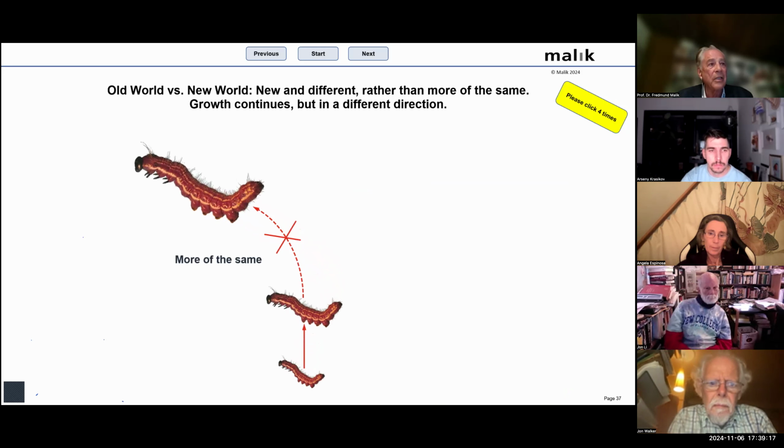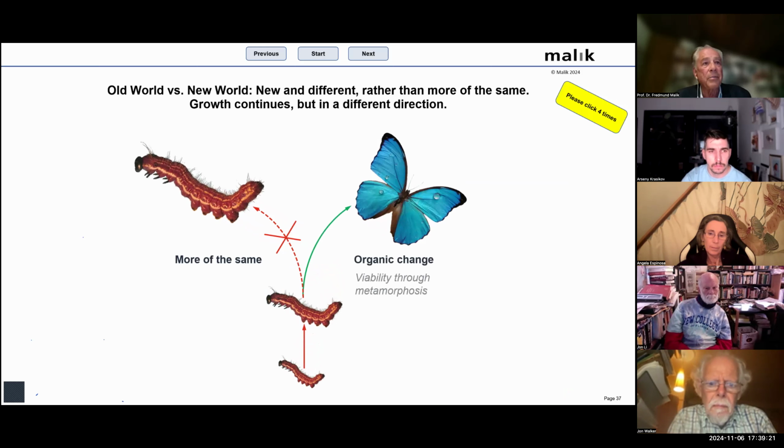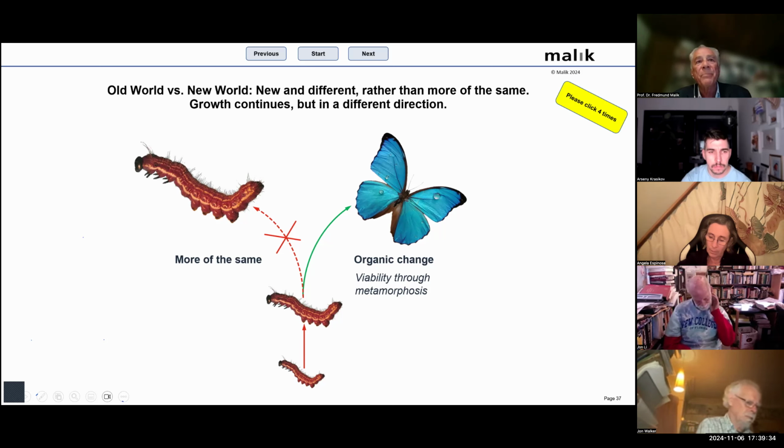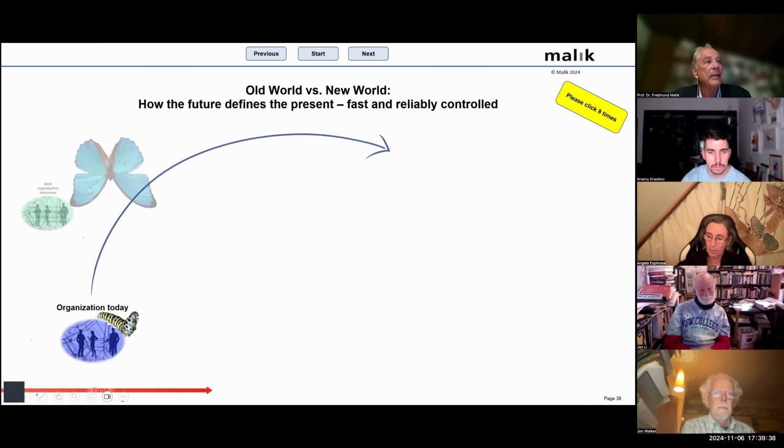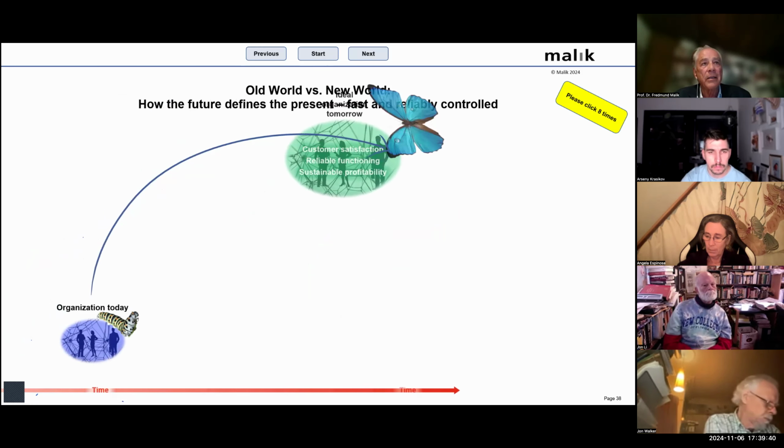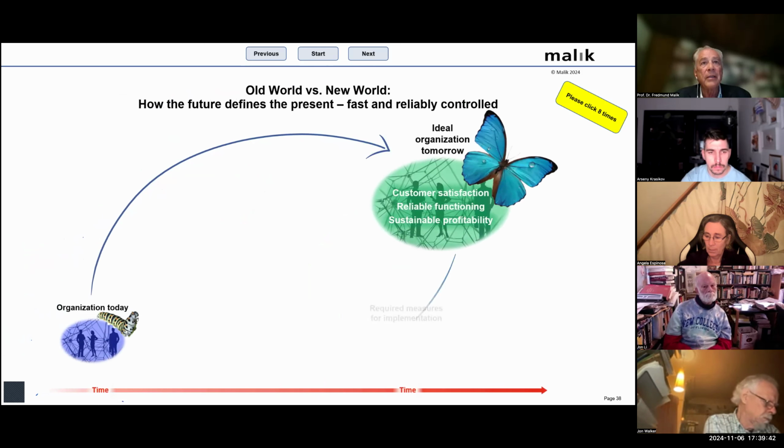Yes, but nature does not do that, because the organic change is the butterfly, and therefore we can quite easily teach people in the economy. And now we come to the end.